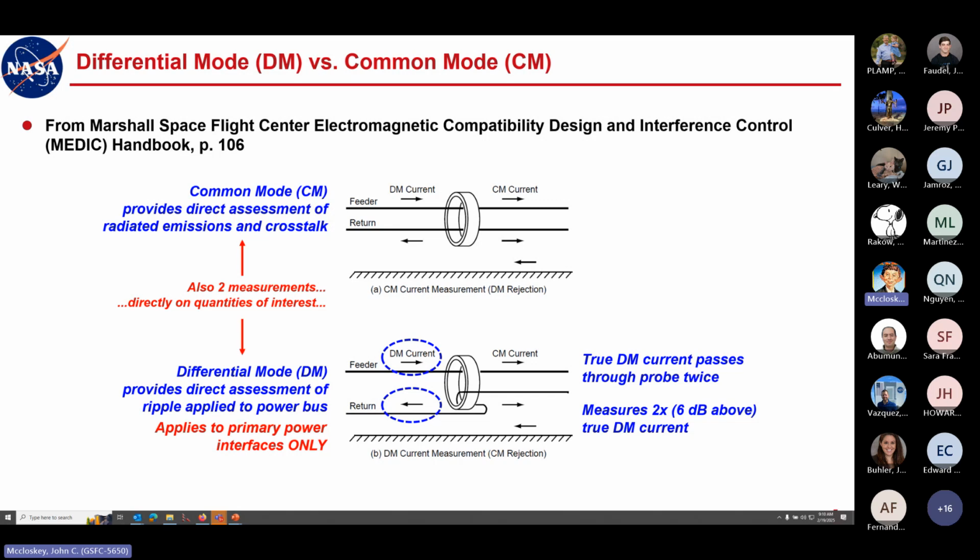But another central point is this is also two measurements, but this gets you directly to the quantities of interest. So this takes no additional time than the traditional method of measuring each of your send and return power leads separately. But if you have an exceedance with that method, you don't know whether you're dealing with a differential mode or common mode problem.